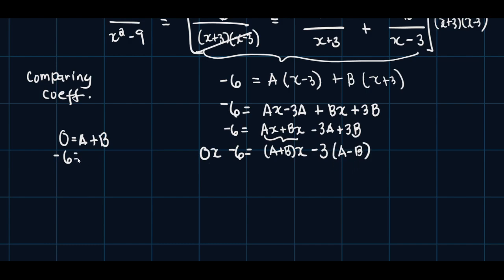So this is equal to negative 3 times a minus b. Again, our goal is to solve for the values of a and b. So we actually end up with a system of two linear equations in two variables. Okay? Now, solving for the values of a and b, we will get here a equal to 1 and b equal to negative 1.